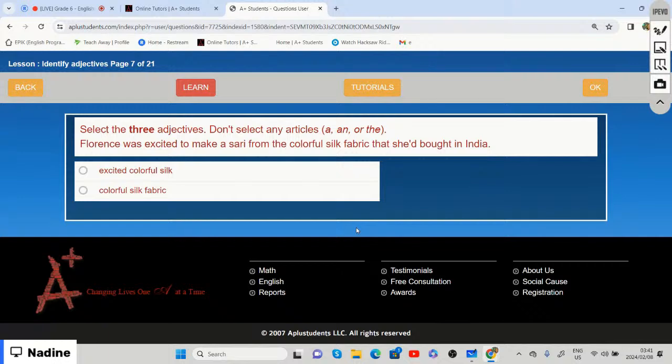And if we select the three adjectives, we have here colorful and silk.